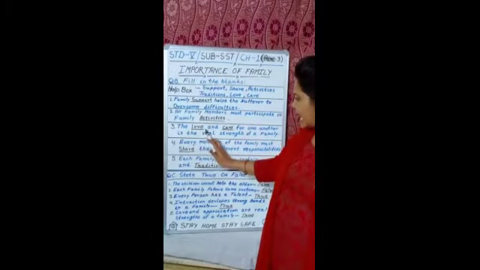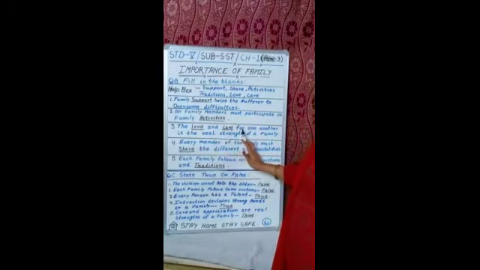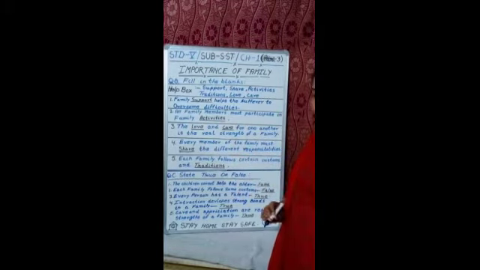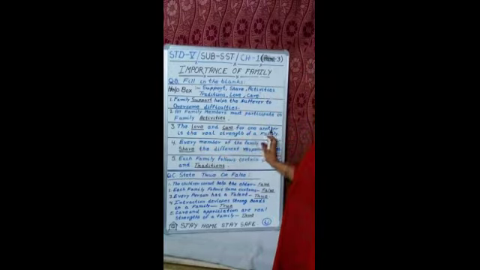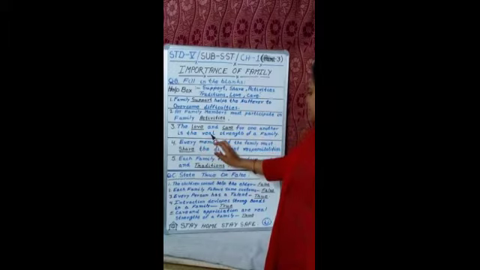Number 3. The dash and dash for one another is the real strength of a family. Which one is the real strength of family? Find out from here. That is done. And that is done. The next one is love and care. So, the love and care for one another is the real strength of a family.